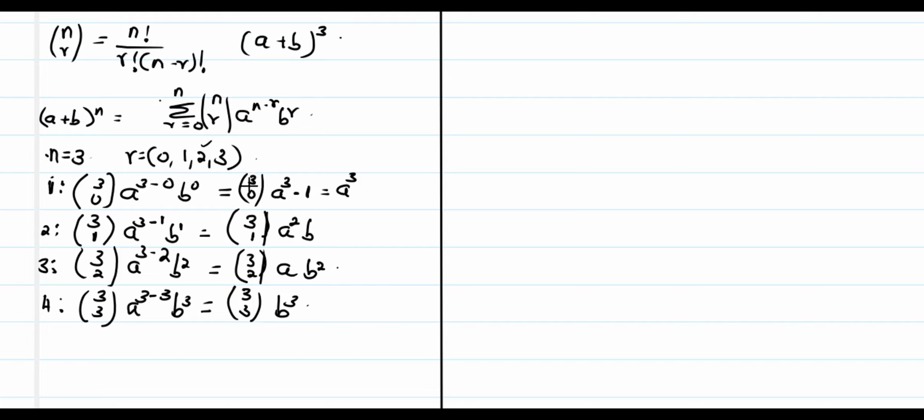So if I start with the first one, which was 3C0, it will be n is 3, then r is 0, which is equal to n factorial, which is 3 factorial, over 0 factorial, I'm following this formula, into 3, which is n minus 0, factorial.